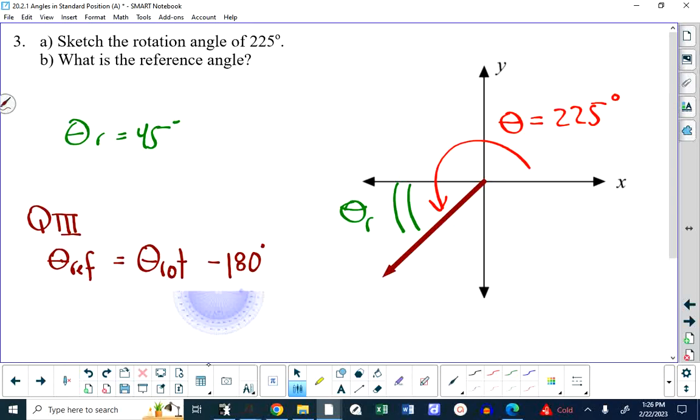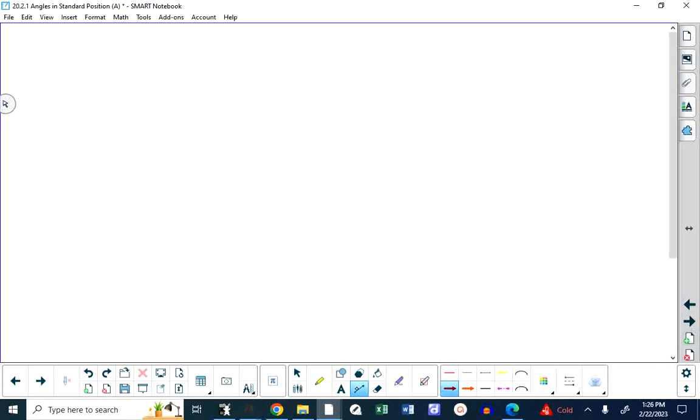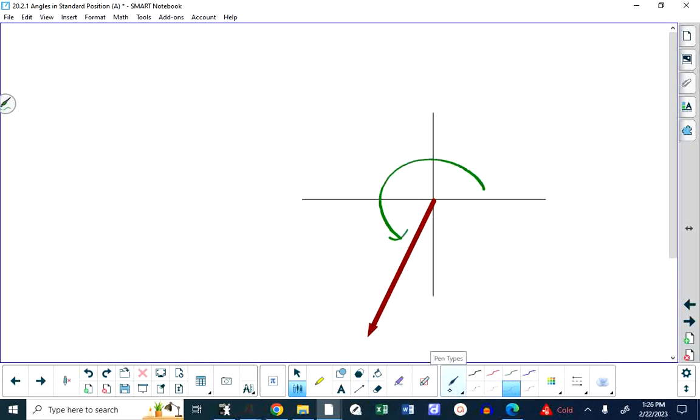Well, sure, because I can make this more general for you if you like. I don't know where this lands just in a general sense, but if it lands there, what we're talking about is this being the rotation angle. Pardon me, I said I would always use the same color. This being the rotation angle, this being the reference angle. That whole red arc includes 180 degrees plus the reference angle.